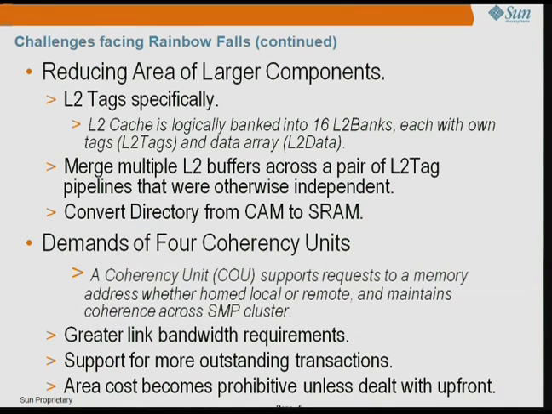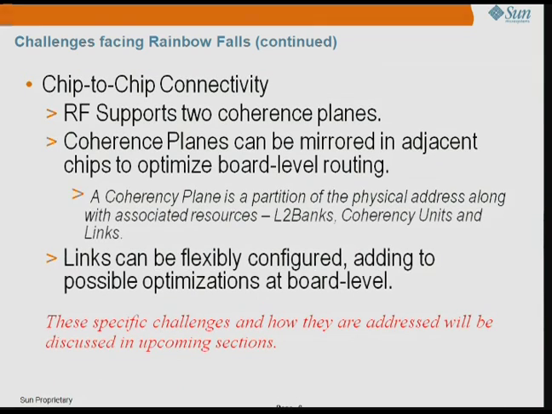And I've also mentioned more than once the demands of the coherency units, so I'm going to skip this bullet. And then there's chip-to-chip connectivity. That was also high on our priority list to optimize the feature set available to, say, our system partners. And we've done it through a couple of means, which I'll talk about later on.